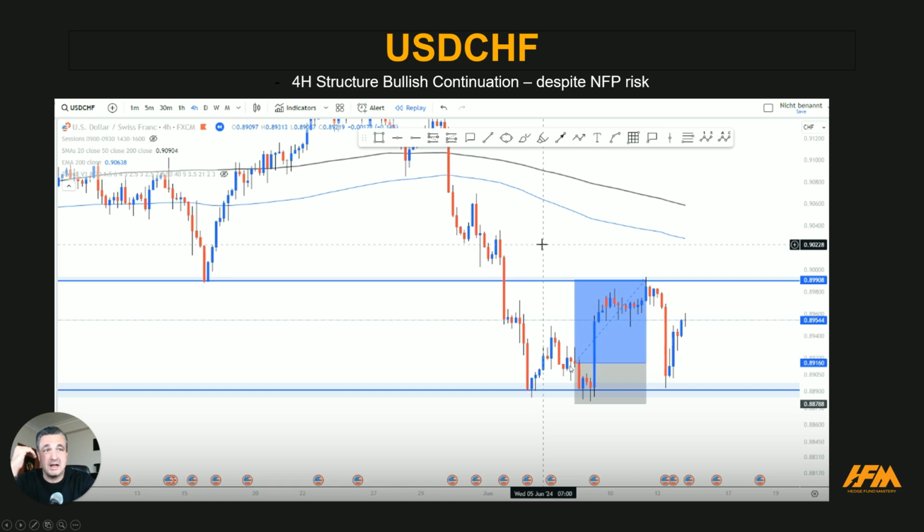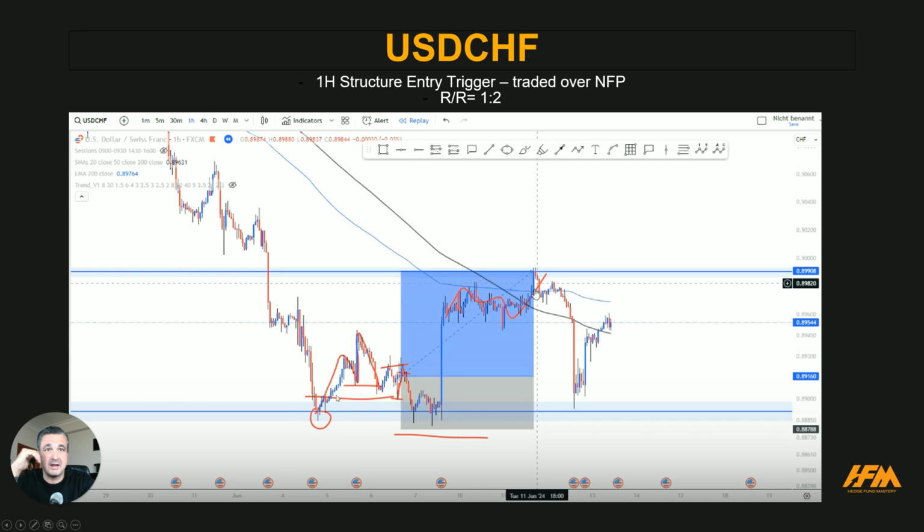We had a correction, and I'll show you that now on a smaller time frame. You can see it came down, it was supported by this zone, then it went up, higher high, higher low, higher high, then basically the same low, it didn't go lower, and that was my entry trigger. The entry trigger was: okay, it is not breaking below this structure, and then we took the trade right here. Then it went down.